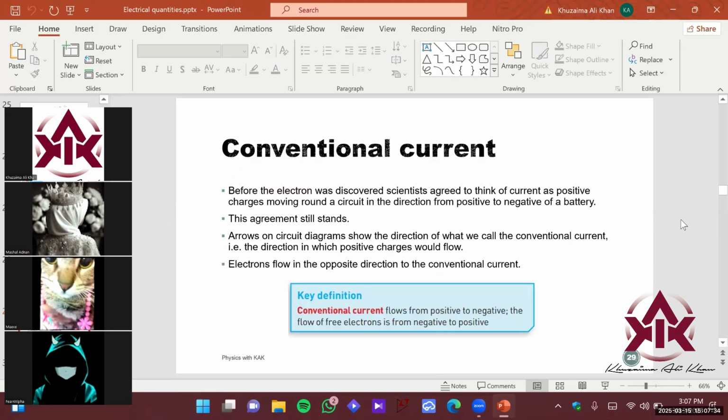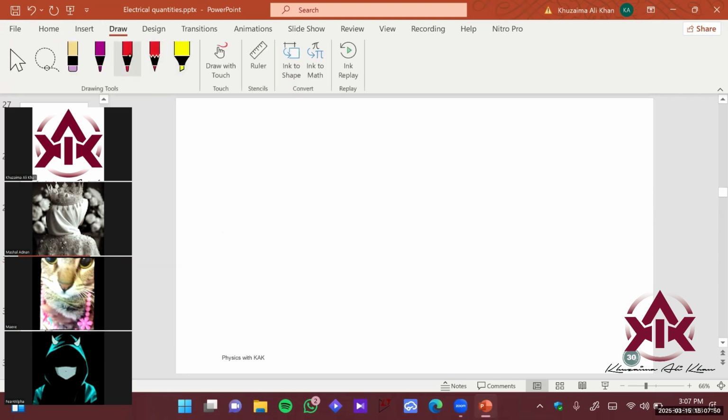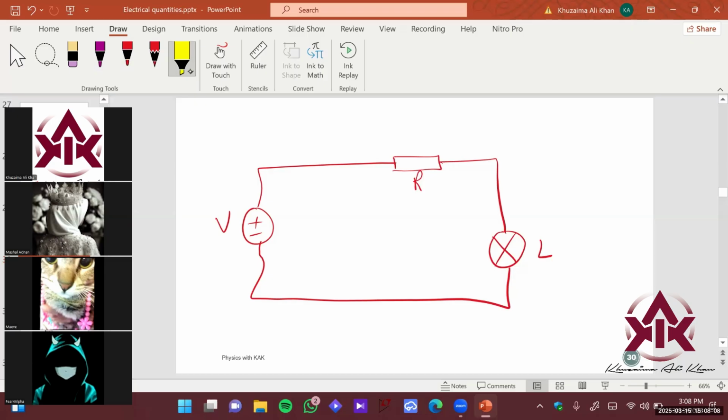Okay, now the important part is going to start from here. That is conventional current, right? Can I even explain or, let's say, answer the question? Let's say we have this circuit here, this is a resistor, this is a lamp, and the lamp is glowing here.